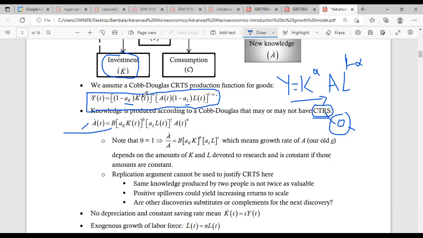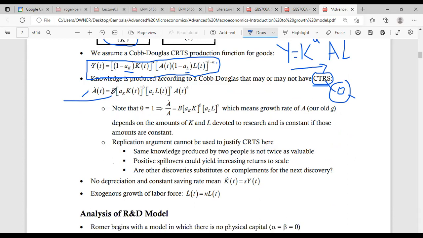Now here, since we're looking at the knowledge sector, we keep capital constant. We sort of ignore it, in other words. Now, what we have is this parameter. This B is just a parameter that measures this function here, the movement of capital.